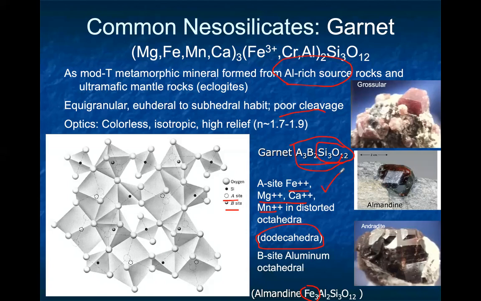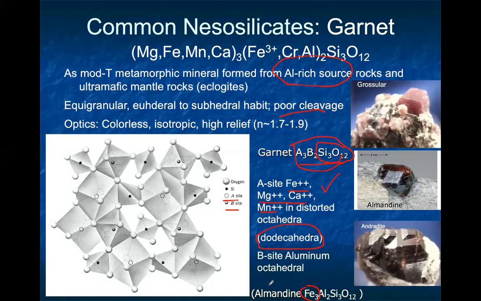Such a composition we term an end-member composition, right? For garnet also the same thing holds. When it is rich in iron, we call it almandine. So it is almandine garnet, a special name for that particular garnet.